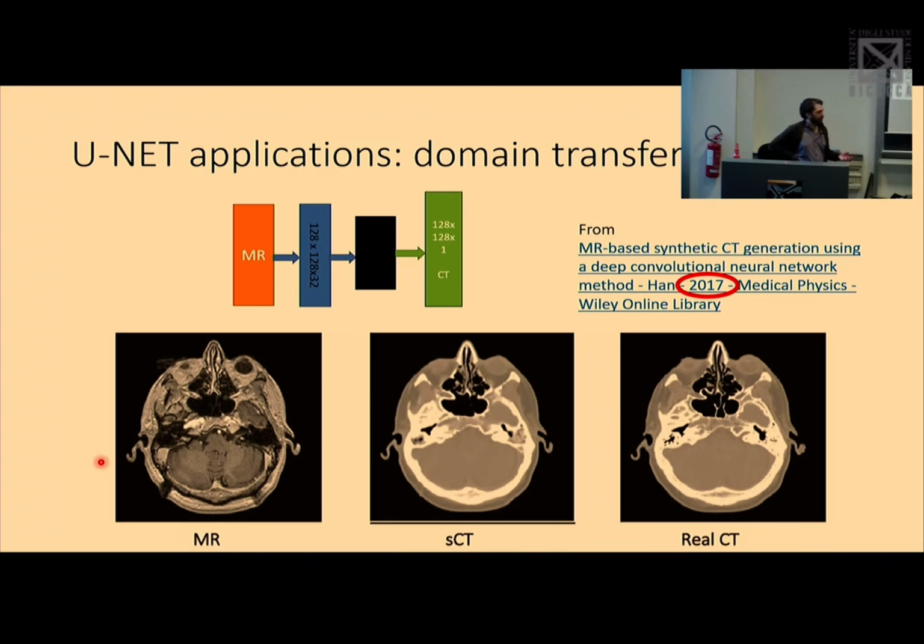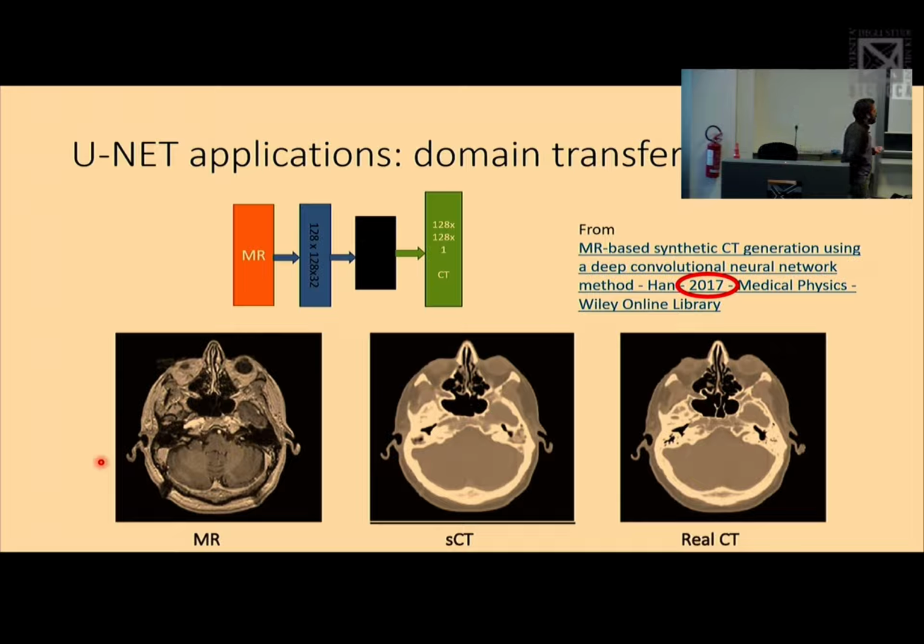They don't involve any radiation. But in some cases, it's useful to have CT scans of subjects, especially if you are working in radiation therapy. You need a density map to plan the radiation beam, and so you need an attenuation map.